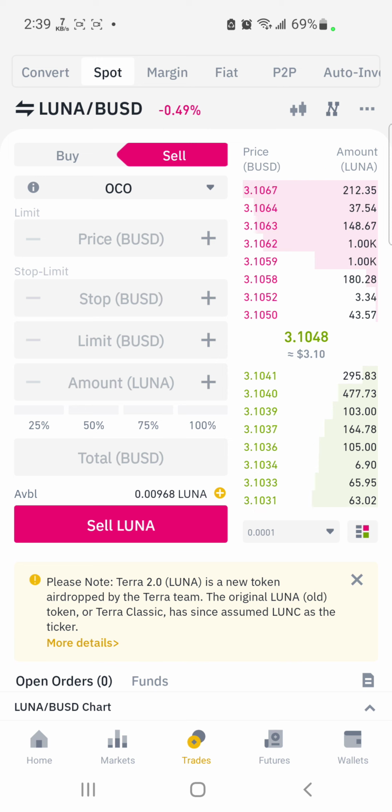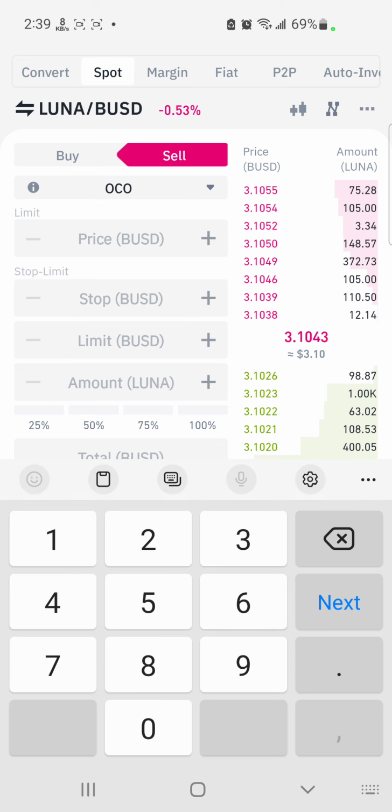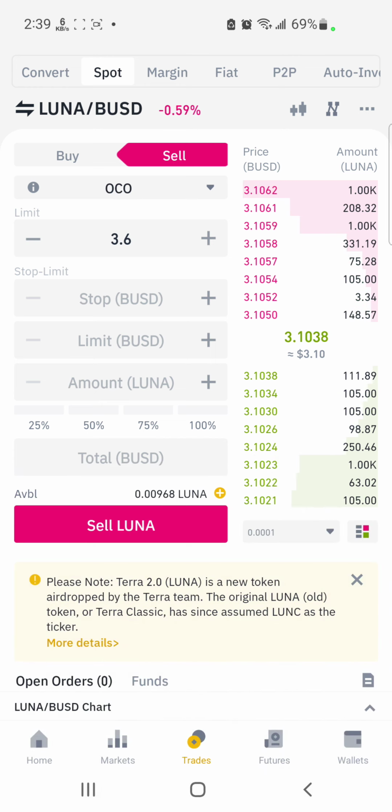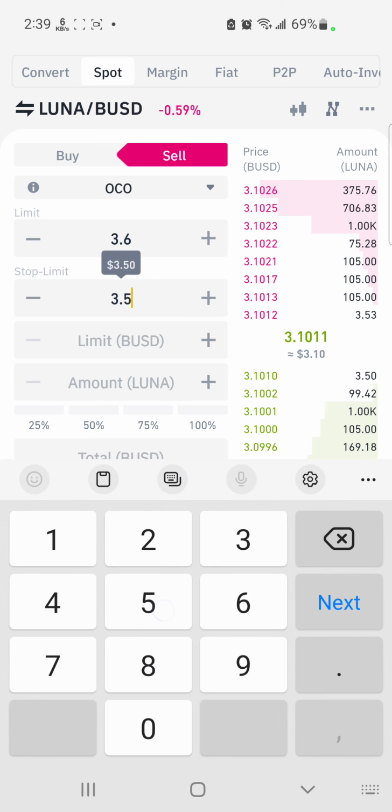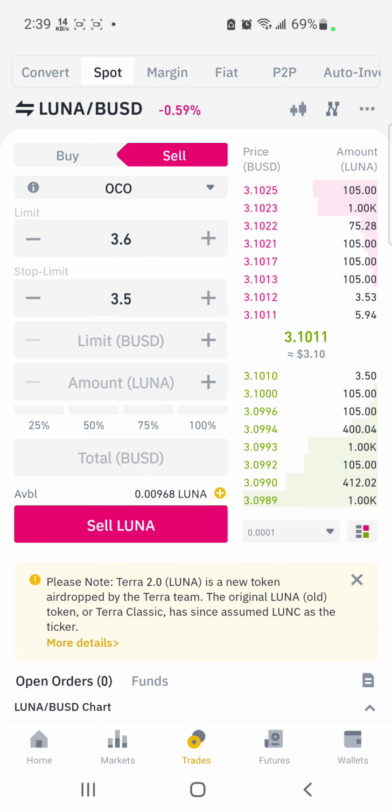The OCO, the price up here would have been the price that you want to sell your coins for. So, okay, I want to sell my Luna for $3.06, right? That's what I want to sell it for. Now, remember I spoke about the stop, right? So your stop would have been your trigger price, right? What is your trigger price? Okay, cool. My trigger price would have been $3.05, right?